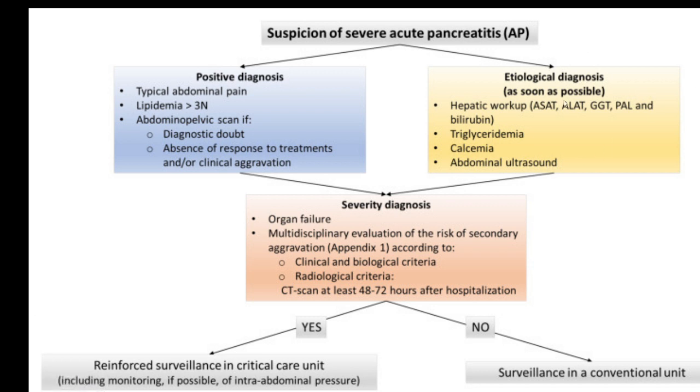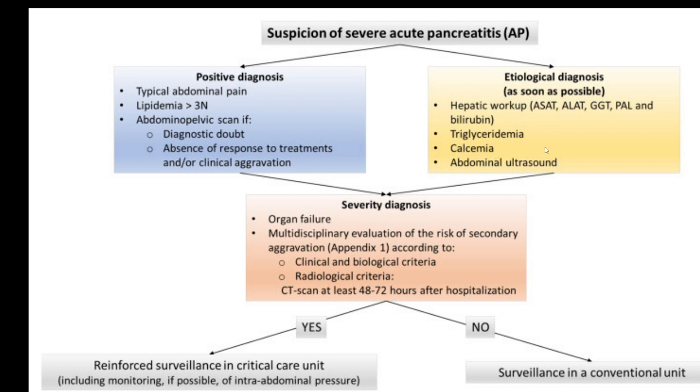So, once you have a patient with suspected severe pancreatitis, you have to make the diagnosis based upon clinical parameters, imaging, or biochemical findings, as well as the diagnosis related to the etiology, particularly hepatic workup, liver pathologies, stones in the gallbladder, triglyceride levels, and calcium.